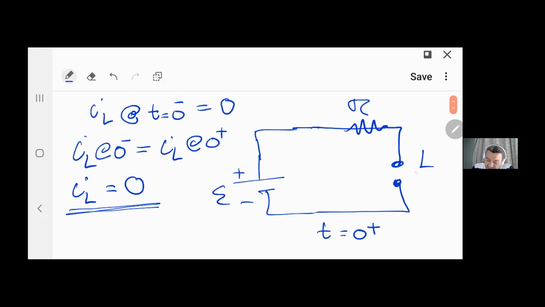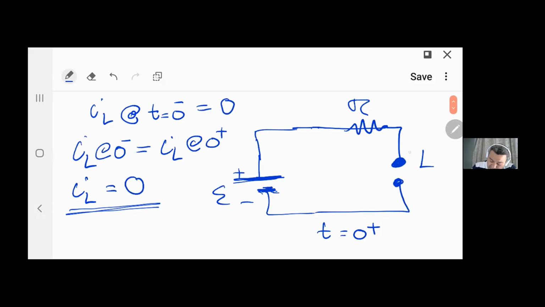So if I replace this inductor by an open circuit, because its current is 0, then the potential here will show up here, and the potential here at the negative electrode of the battery will show up here.